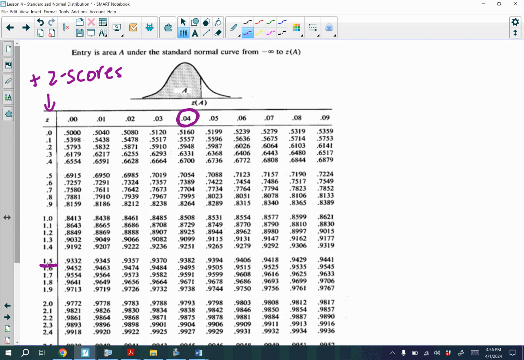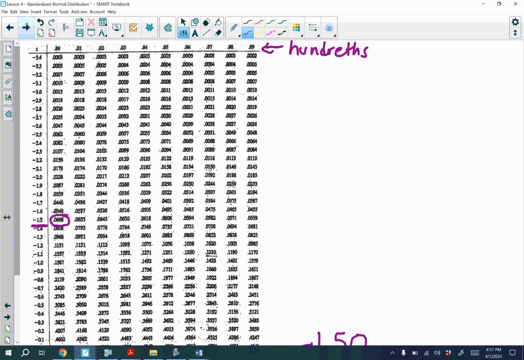So we want to find the intersection between 1.5 and 0.04. This is the same thing as 1.54, right? If we added these together, that's what they give you. When we look at that, we get this value of 0.9382.